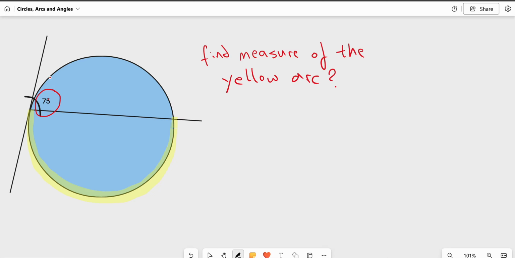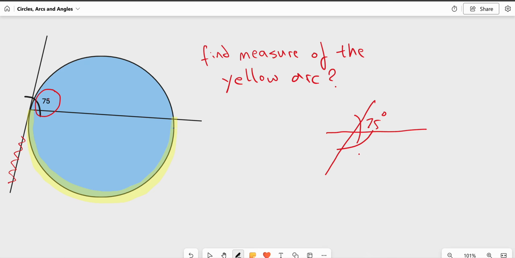Now, this line here is a tangent line. Let's put the tangent line here outside, and we have this line that cuts the tangent line and creates an angle here of 75 degrees. Now, what is this angle here? Isn't this angle the supplementary of this one, so that together they should be equal to 180?